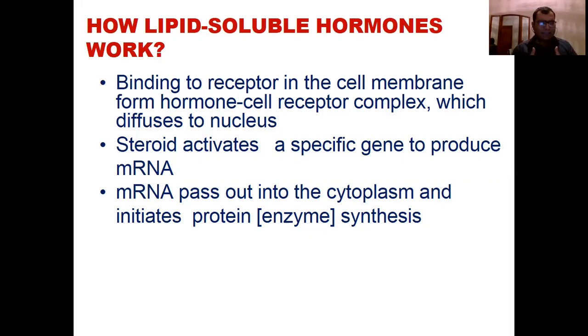As the DNA is transcribed, a new messenger RNA forms, leaves the nucleus and enters the cytosol, then directs synthesis of new protein, often an enzyme, on the ribosomes. The new protein alters the cell's activity and causes the response typical of the hormone.